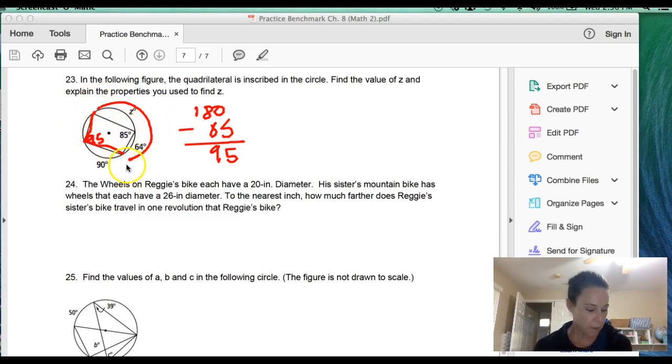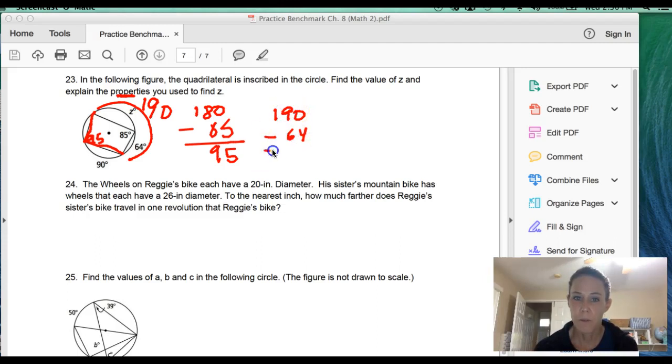So I'm going to do 95 times 2, and I'm going to use 190 degrees. The inscribed angle is half the measure of its intercepted arc. That's the next property I used. So the first property I used was that in a quadrilateral inscribed in a circle, opposite angles are supplementary. The second property is that an intercepted arc is twice the measure of its inscribed angle. And now I'm just going to use the subtraction property. I'm going to figure out z by going 190, and I'm going to subtract off 64.